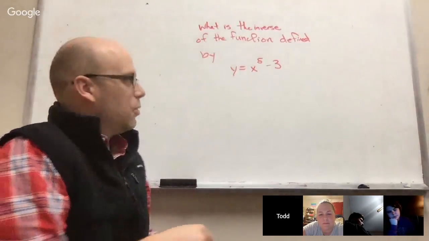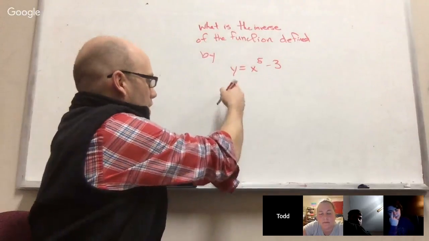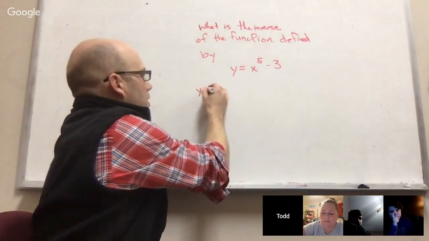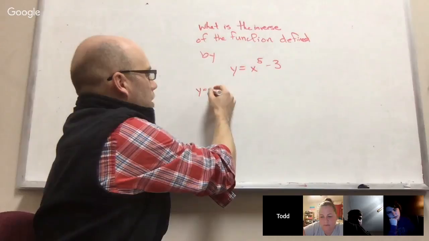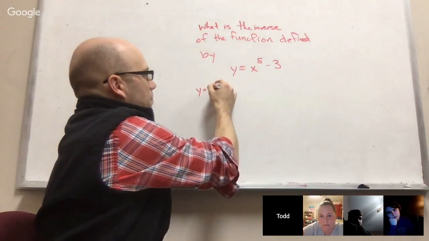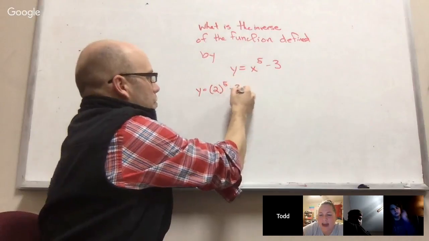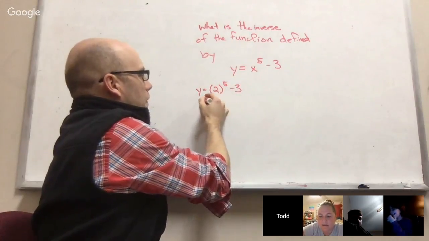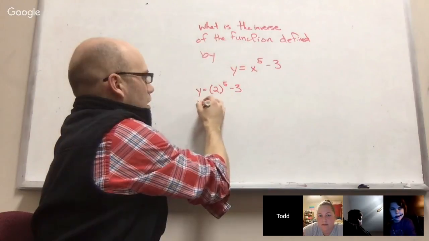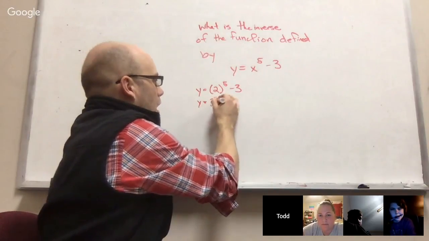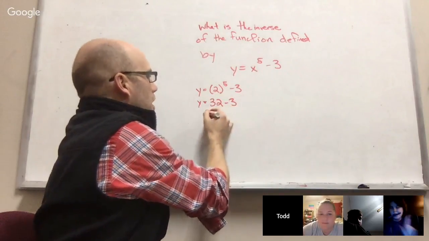So for example, let's just take this one right here. Let's say we put in 2. So 2 to the 5th minus 3 is, anybody know 2 to the 5th off the top of their head? 32, good job.